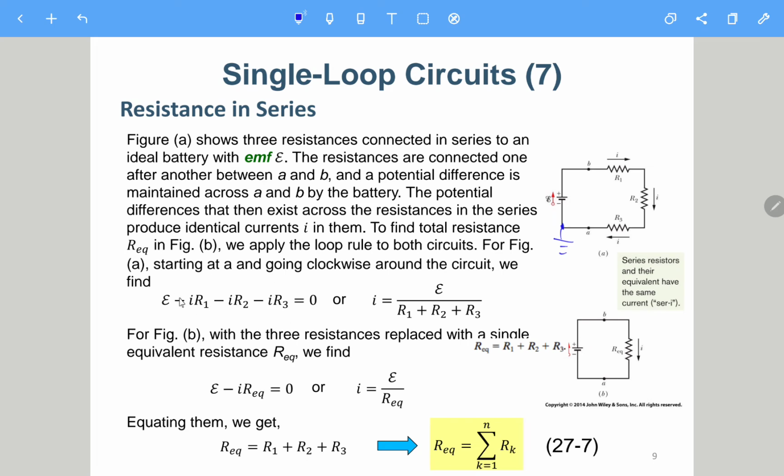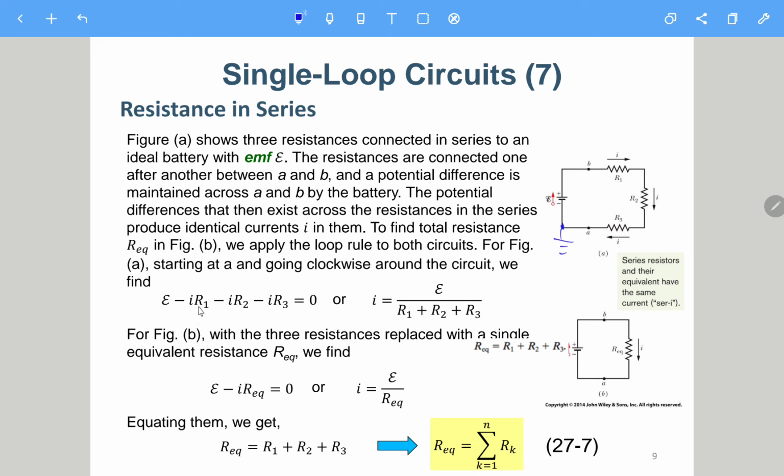Up to here it already dropped the VA, because the VA should be cancelled. So we can just assume this point to be the ground.